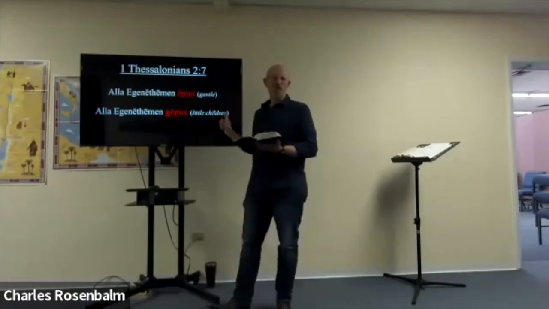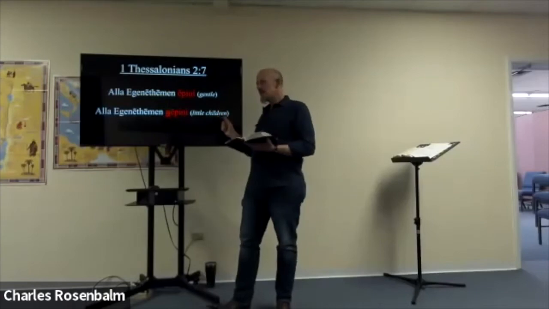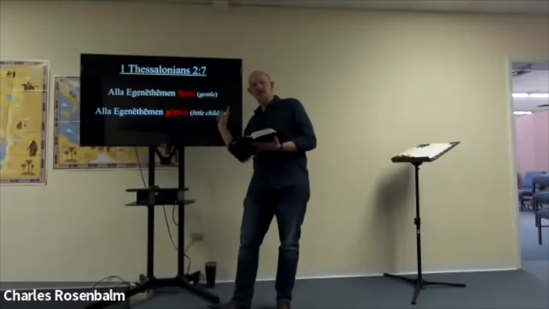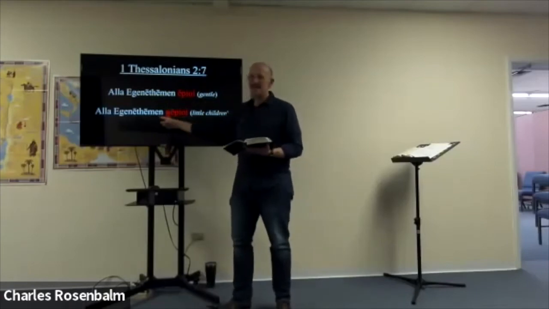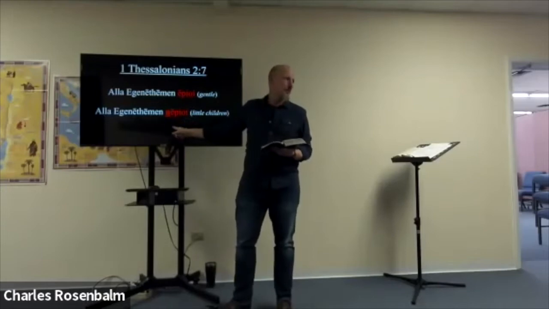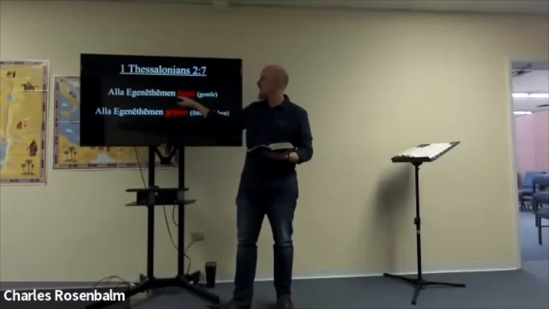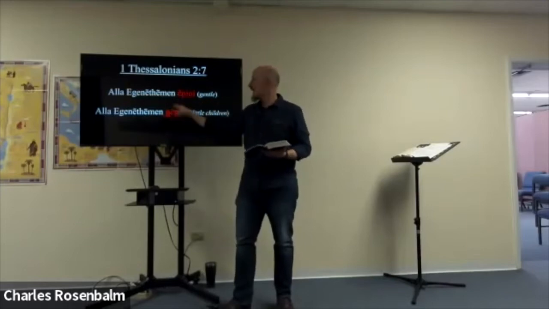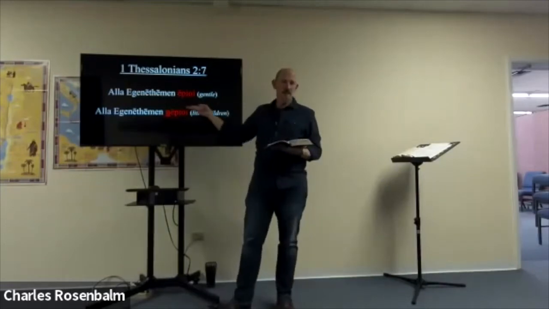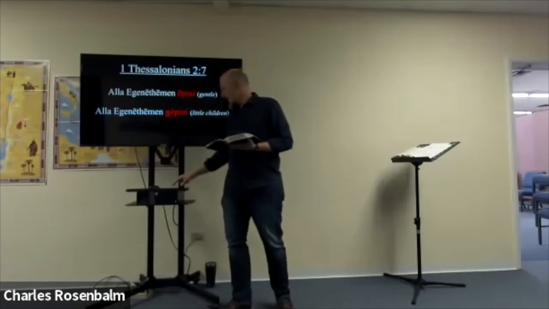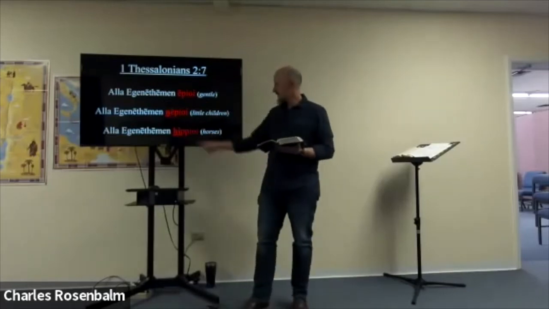It's not a horrible idea. We're like little children. Could be related to gentle, but it's a different word, and there's an easy explanation how this word got here. Or if you prefer this reading, there's an easy explanation how this got here. There were two N's and he only wrote one. So, there you go. But here's the one that I like.